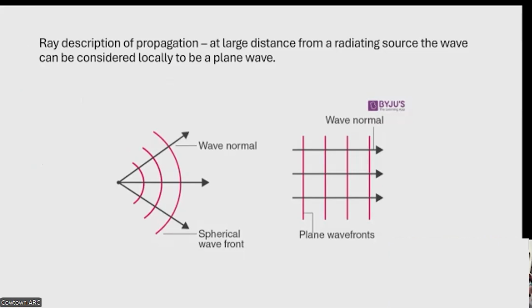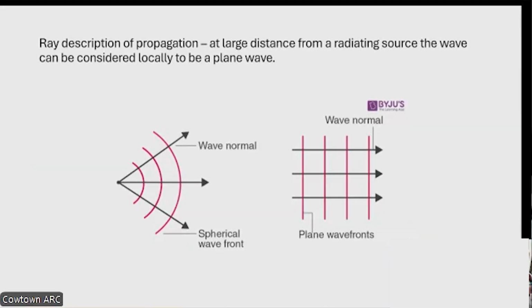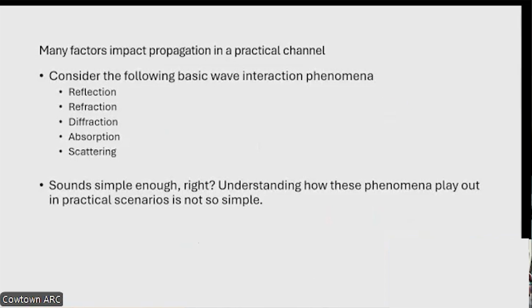Usually we think of that being from the source outward. But when you get far away from that source, the waves become approximately planar wavefronts. When we talk about how waves interact with the environment, we're usually talking in terms of plane waves. So you just see a single vector that's implying a plane wave.